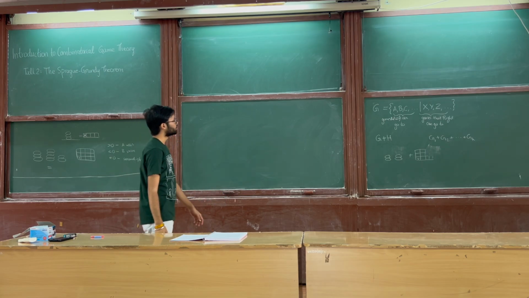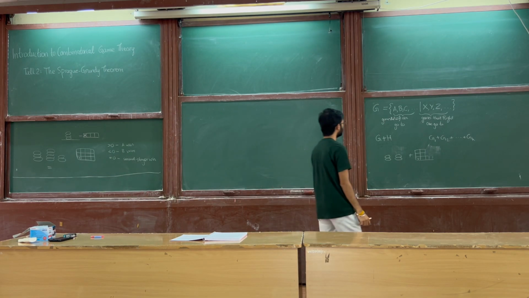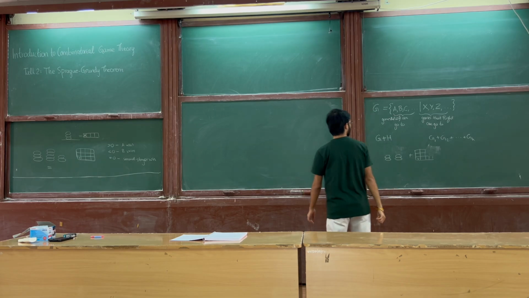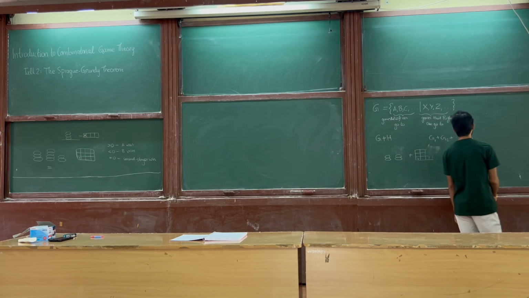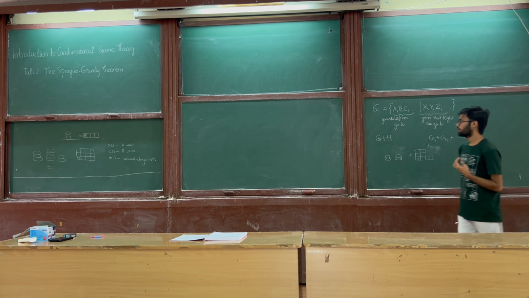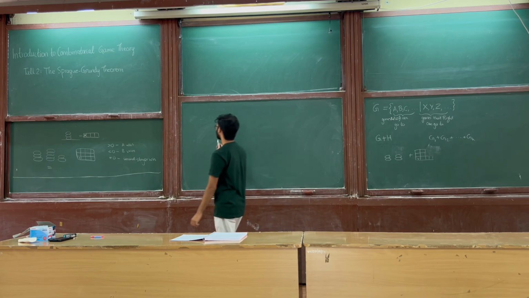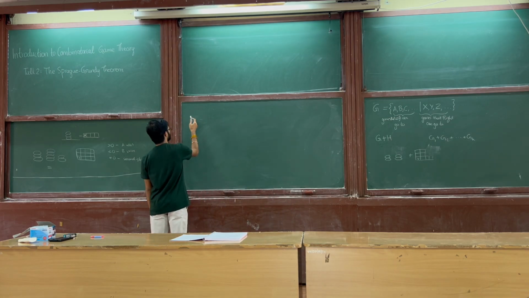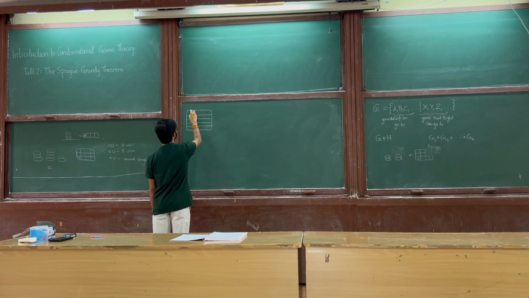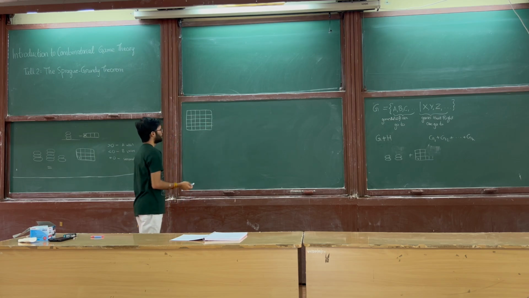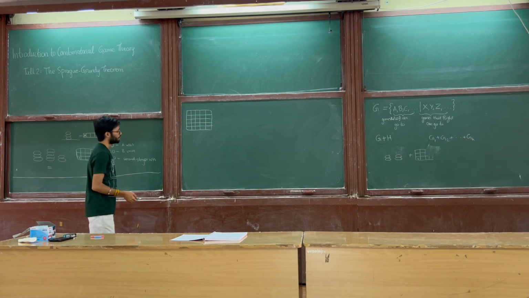So now let's go to examples and understand this notation better. For these examples, let me introduce another game. The game is now Domineering, and the way it works is you have a grid, and then again you have your players left and right.